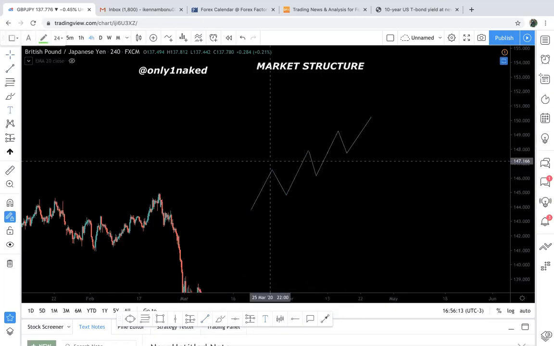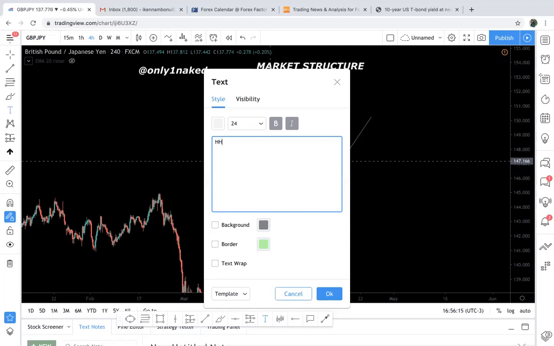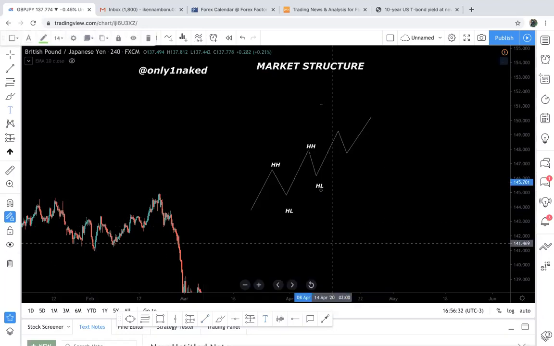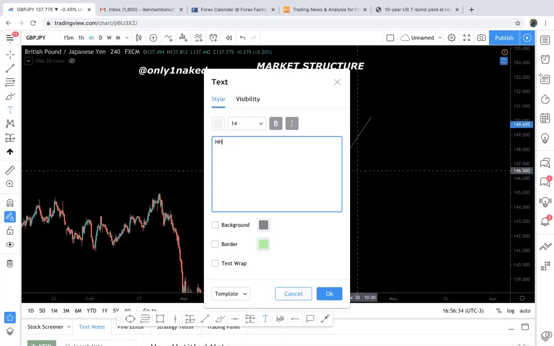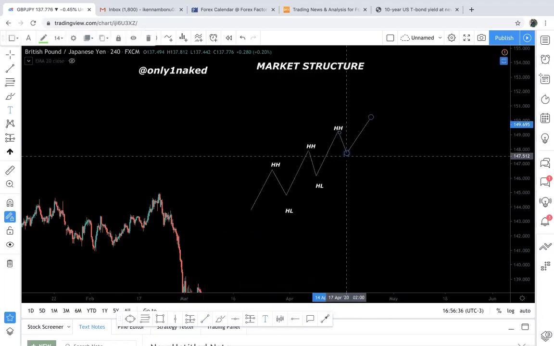Let me use a label so you guys can follow. I'm labeling that one higher high, and we do this right here, and then we have a higher low right here. You could say that's the low, but I'm just leaving it like that. So we have a higher high again. When we are able to identify a series of higher highs, we can actually change our game in terms of trading, and we'll get more profitable results.